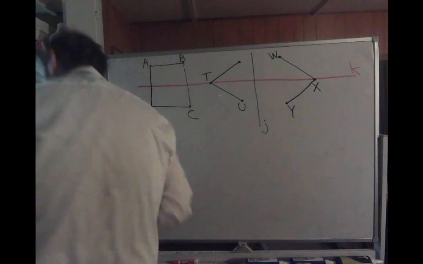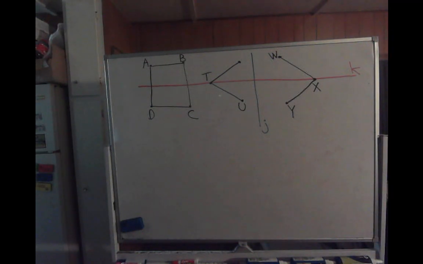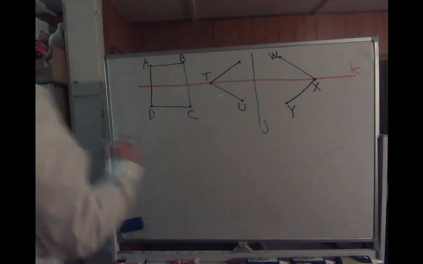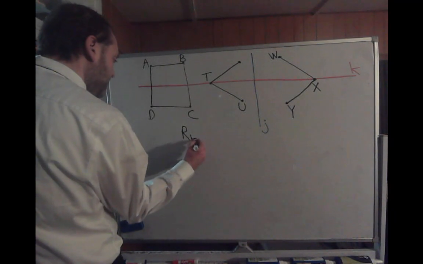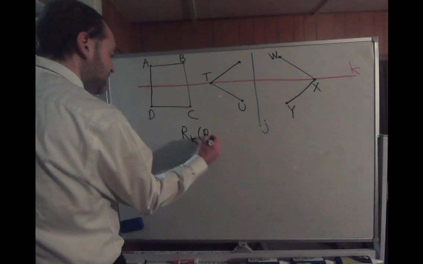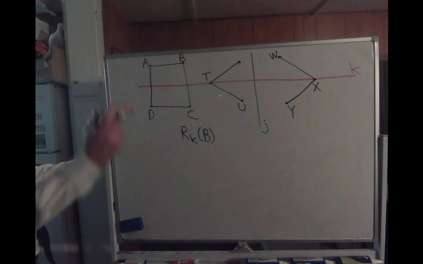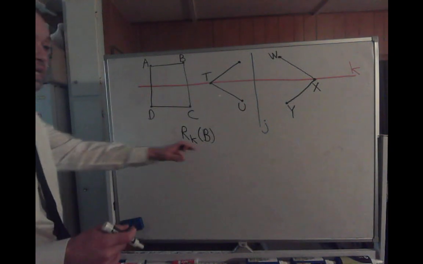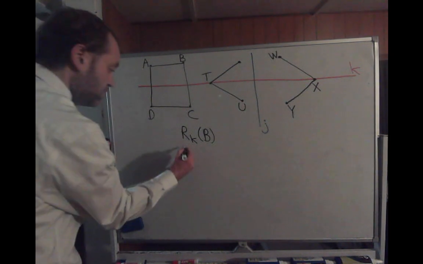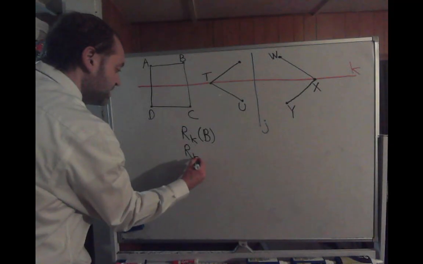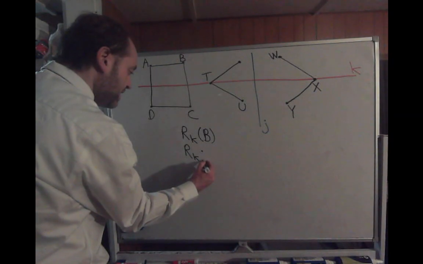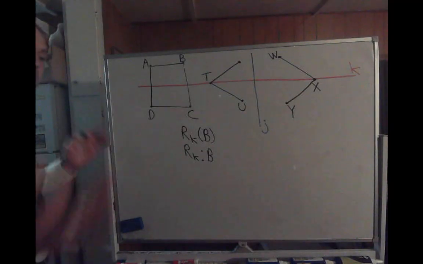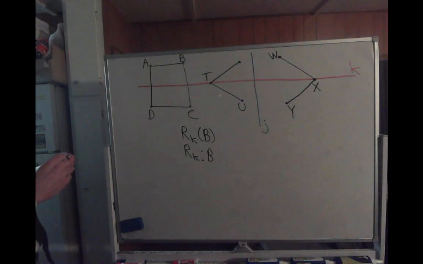So what if I'm asked for, this time, the reflection in line K, and you also may see a comma or parenthesis instead of a colon, point B. You could see it as R sub K parenthesis B or R sub K colon B. They both mean the same thing.